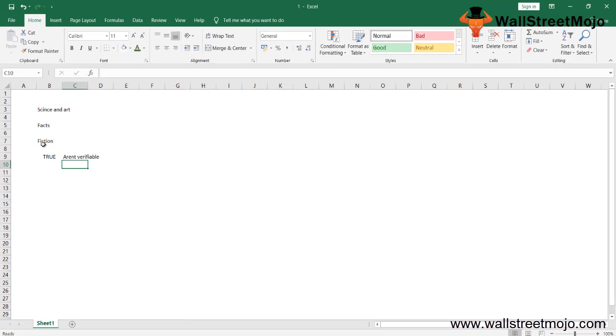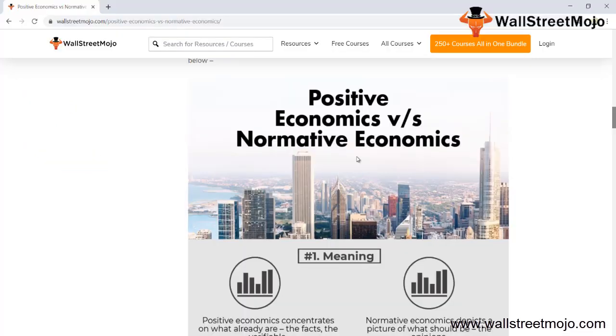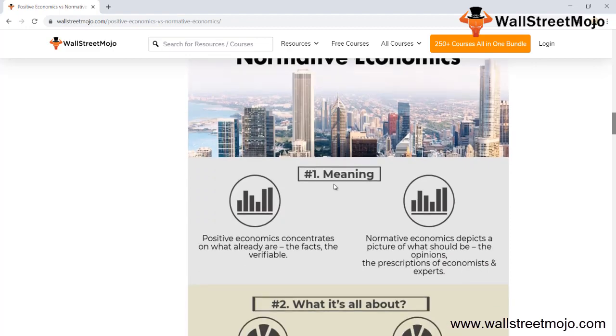Right, so let's begin. As we start positive versus normative economics, the first thing we are going to learn is the meaning. Positive economics concentrates on what is there. As I told you, something that is fact and verifiable is positive economics. Normative economics depicts a picture.